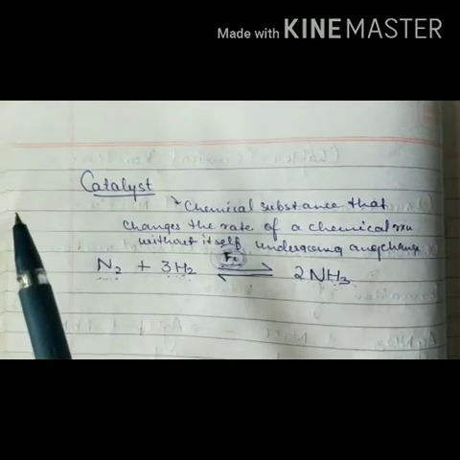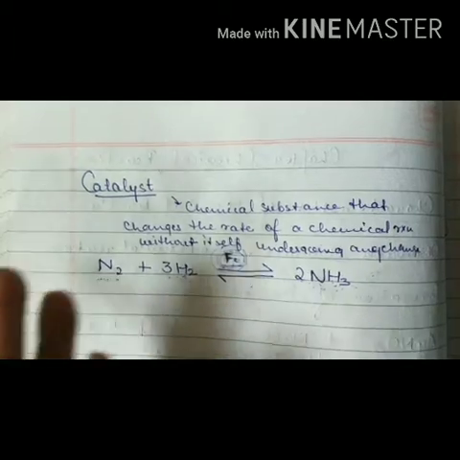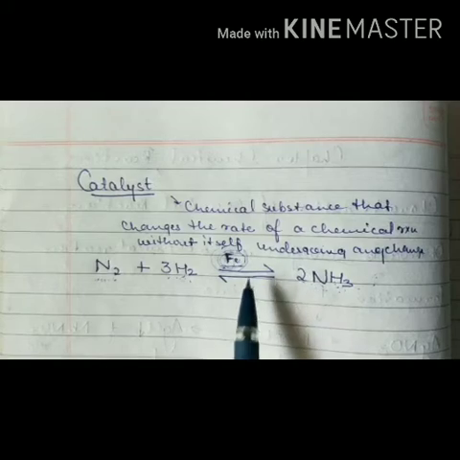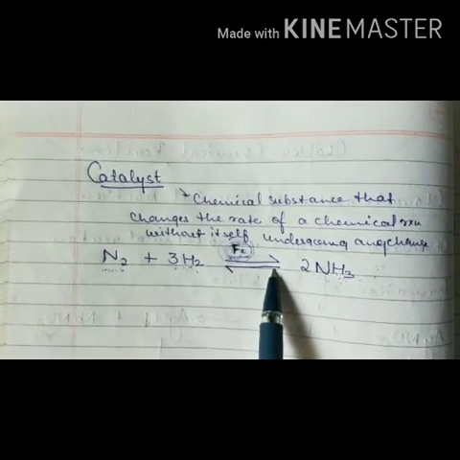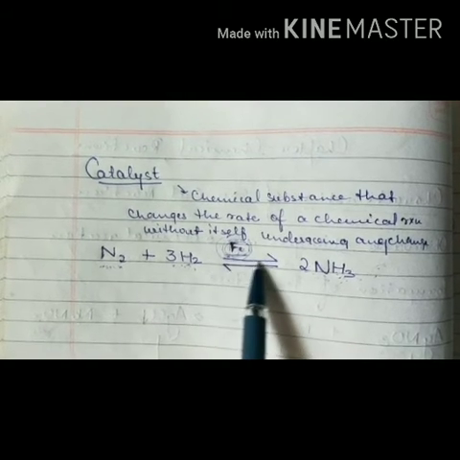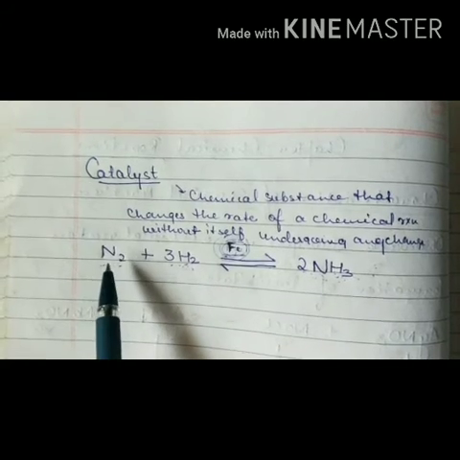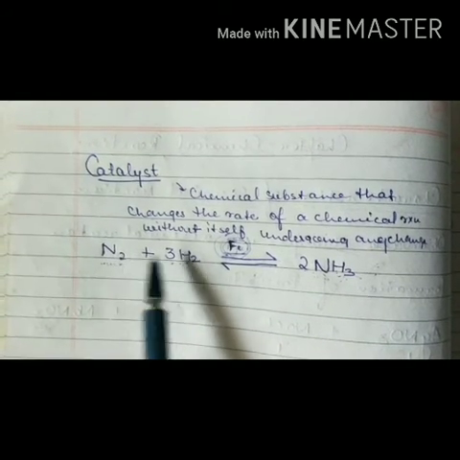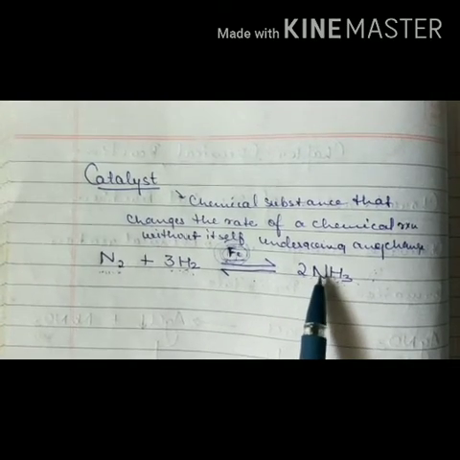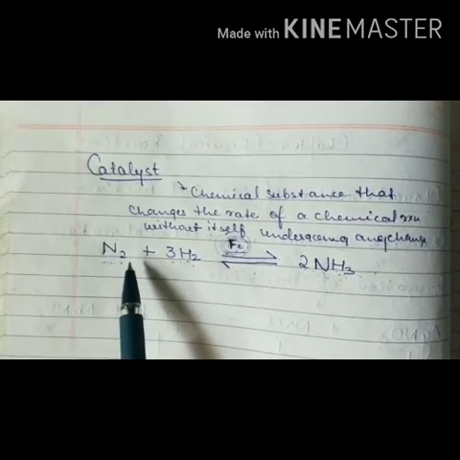It will not participate in that reaction, which means you are not going to see iron on the product side, but it will affect the rate of that reaction. This sign, as I already told you, is the sign of a reversible reaction. It means you can combine nitrogen and hydrogen to form ammonia, and further ammonia can be dissociated into hydrogen and nitrogen. Okay, students.